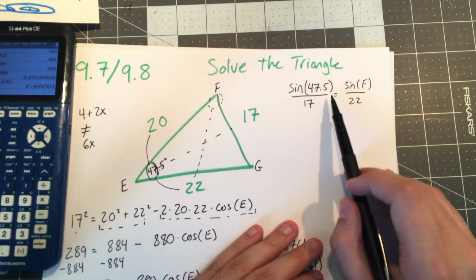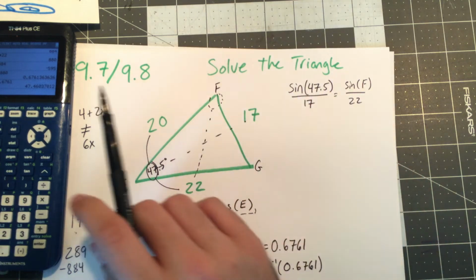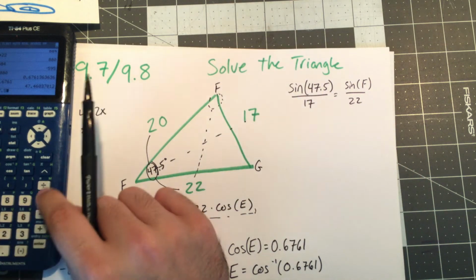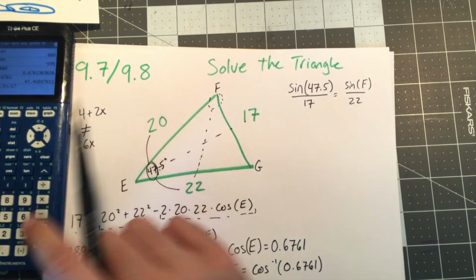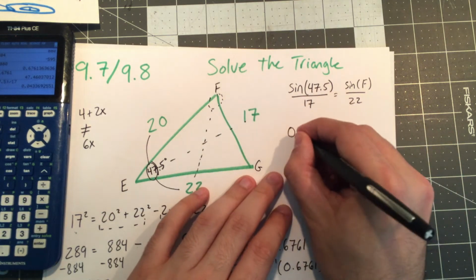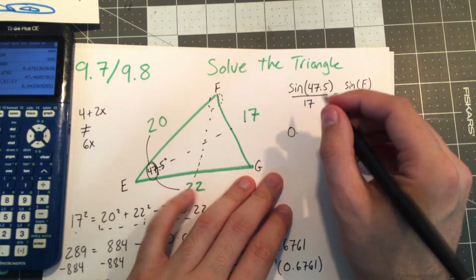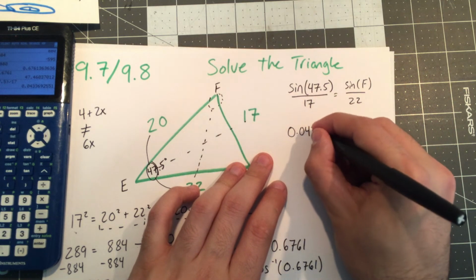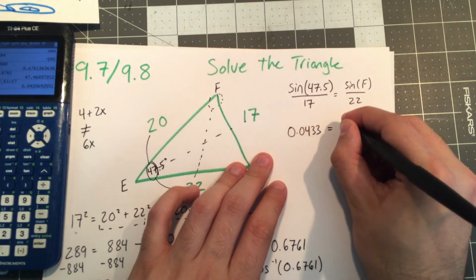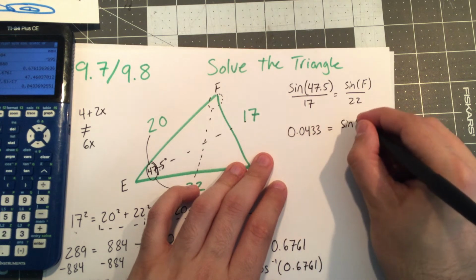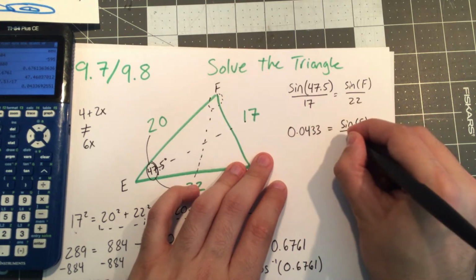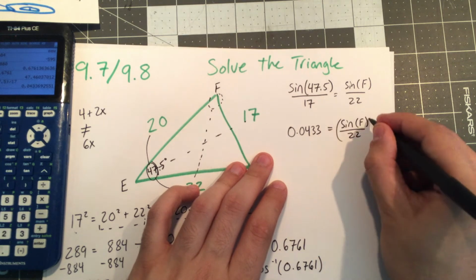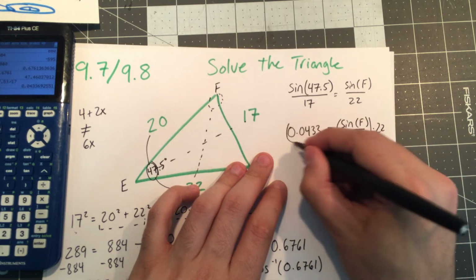Well, I can just turn this whole left side into a number. Sine of 47.5 divided by 17. I'm just going to put that in my calculator, and get 0.0433 equals sine of F over 22. Let's multiply by 22.